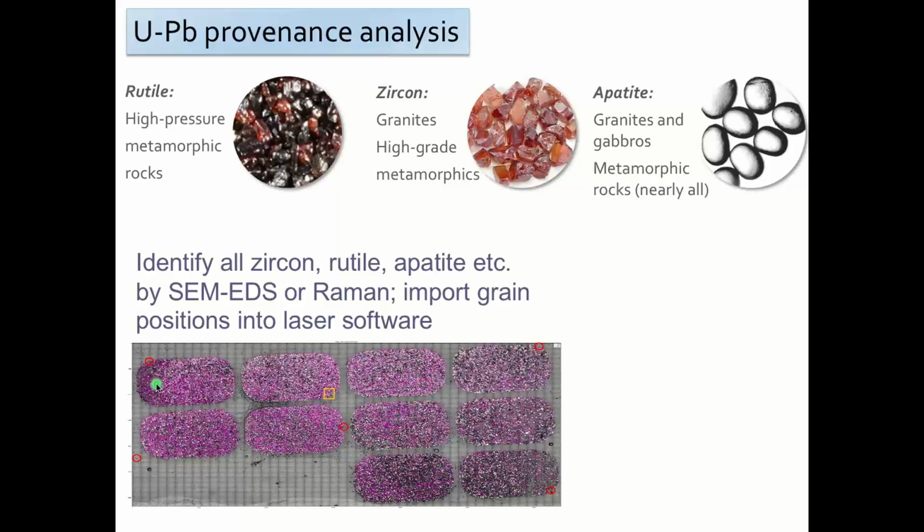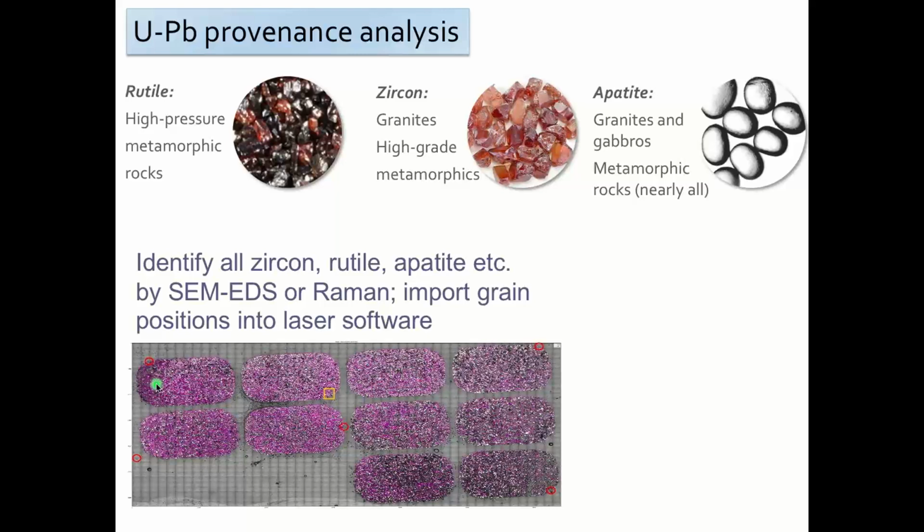And then apatite, calcium phosphate, forms in both granites and gabbros, and also a whole variety of different metamorphic rock types. So these minerals are all telling us something slightly different. They have different fertility in different rock types. Rutile is more common in high pressure rocks than other rock types. Zircon is not found often in basic rocks.